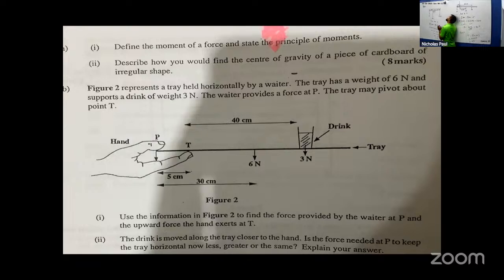The clockwise moments are smaller, hence the anti-clockwise moments will also be smaller, making the value for P smaller, right? So if the anti-clockwise is smaller, P will be smaller. What would happen to T? P smaller, so T will also be smaller.